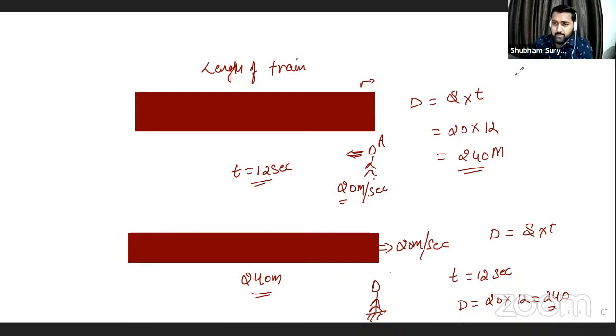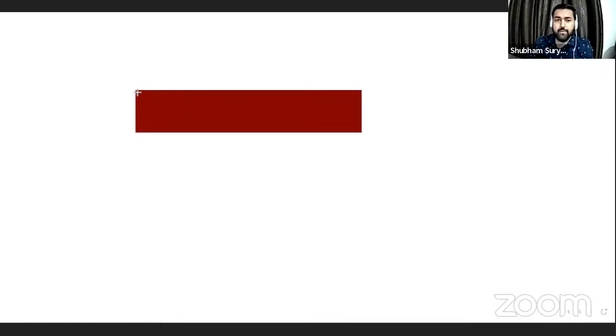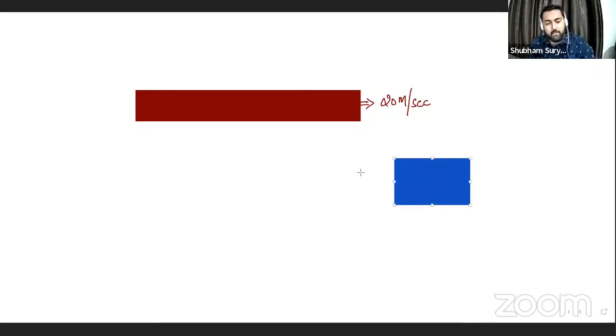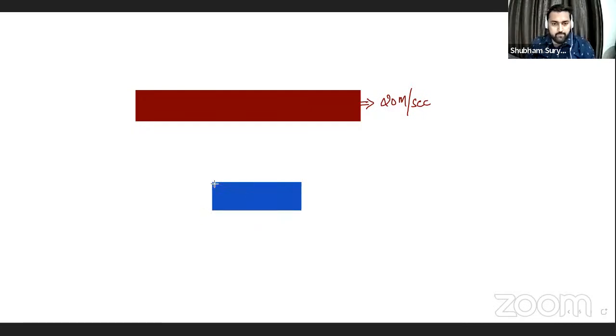Okay, एक simple concept हो गया. Now, in the second case, what we can do is we can take a platform. So let's say this is a train over here, which is moving towards right at the speed of 20 meters per second. Okay, and there's a platform. Let's say this is my platform over here. ठीक है, या फिर अंदर की तरफ बना देता हूँ मैं प्लेटफॉर्म को कुछ इस तरीके से.